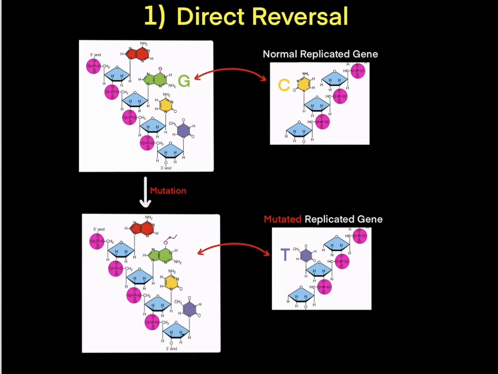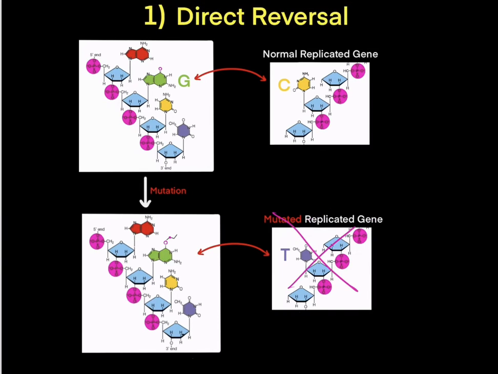So something important to realize is normally when we replicate this DNA, we know G will base pair with C, and then we'll create a normal replicated genome. However, when this G goes through the nucleophilic reaction and gets chemically modified, now it's chemically different. So when we go through DNA replication, it's going to base pair with the T. So if it base pairs with the T, we've created this mutated replicated genome.